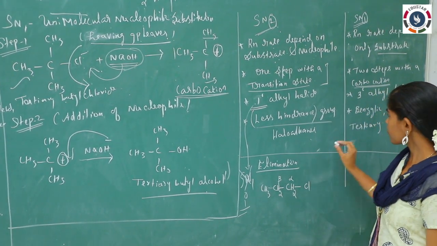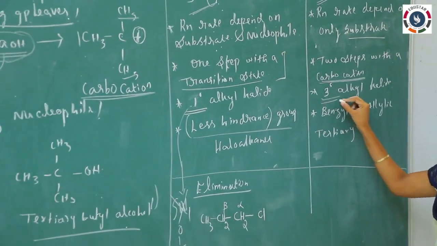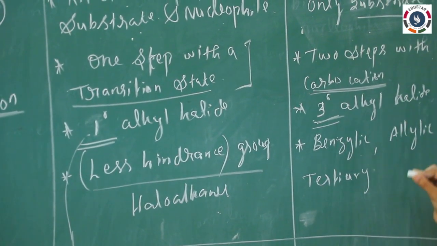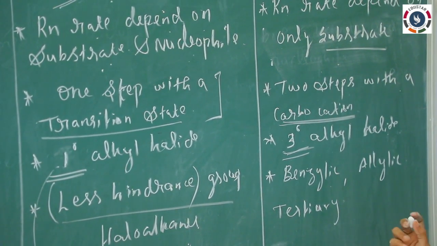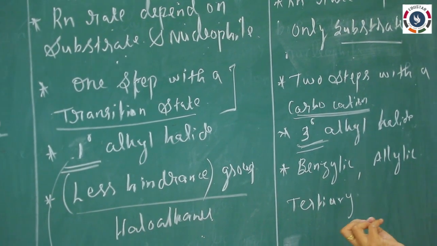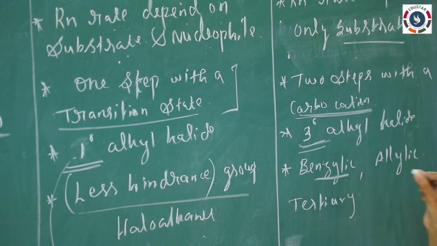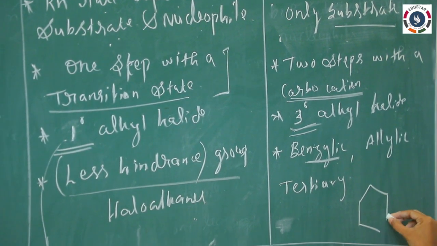Remember this. In case of SN1 reaction, tertiary alkyl halide usually reacts by SN1 reaction, but the main condition or theme is the benzylic group. Okay. So, this is the benzylic group.